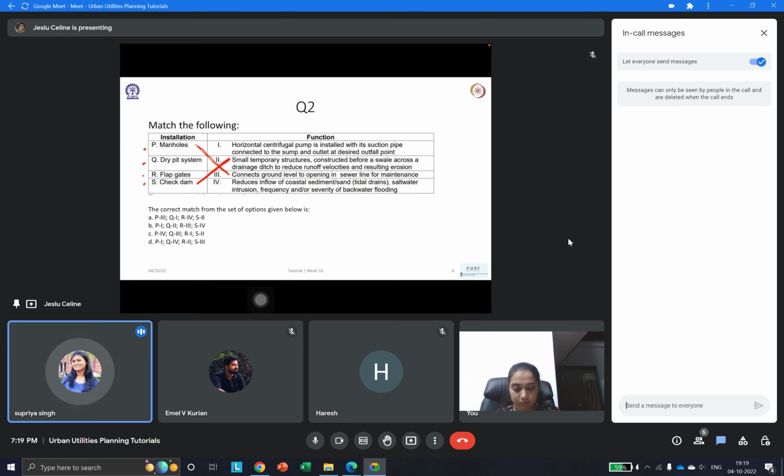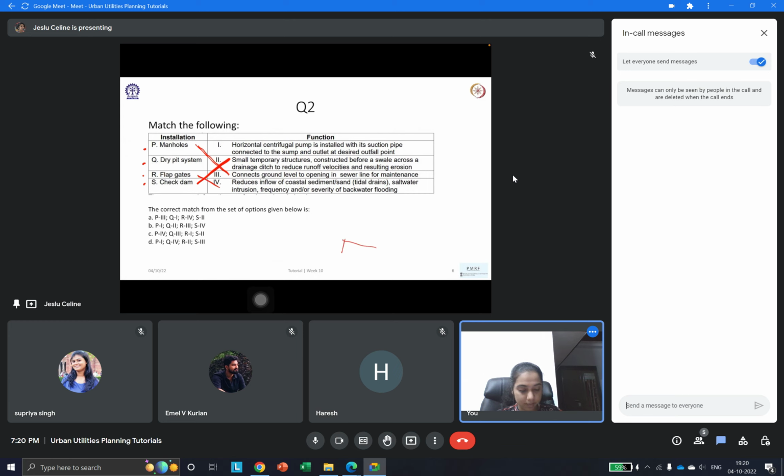Flap gates reduce inflow in coastal sediment and tidal areas. Yes, so flap gates is right. Basically, along the inflow, you put small gates like this so that the rushing water deposits all the sediments there and only the water comes in. So those are flap gates.